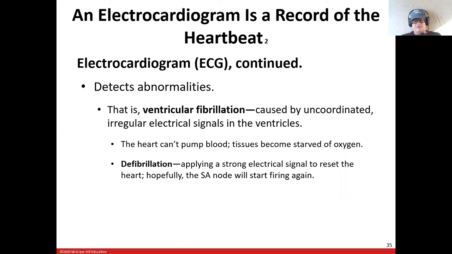What they're doing is trying to get everything to contract at once, like a major electrical signal. And then hopefully when things restart, it'll be listening to the SA node, then the AV node, your turn. So the SA node says contract. Atria contract, fill the ventricle with blood, and then the ventricle contracts and sends the blood out. They're trying to get that to happen again.